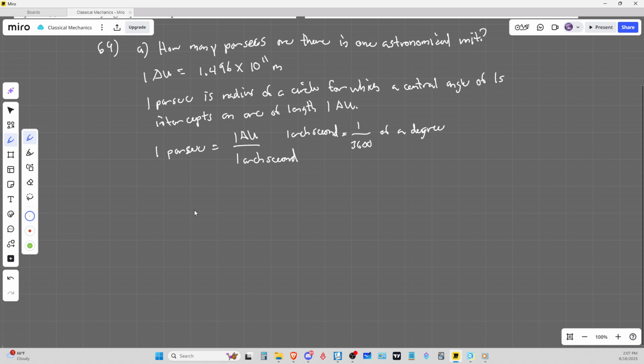Let me take a glance at the solution a bit, because according to them, 1 AU times 1 parsec, there are.